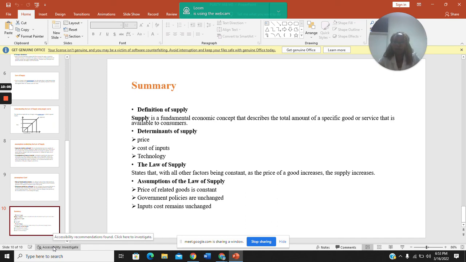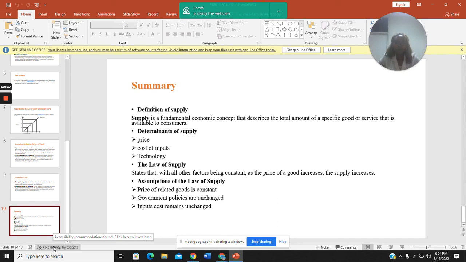The other one, we have talked of technology, whereby when there is technology applied in production, the supplier will produce more and also offer more to the consumers. We have also talked about the law of supply, whereby we have said it states that when all the other factors are constant, the increase in price will lead to increase in supply.